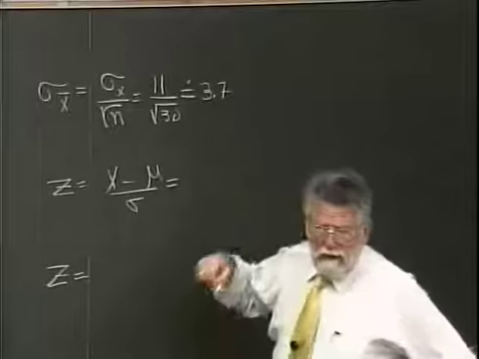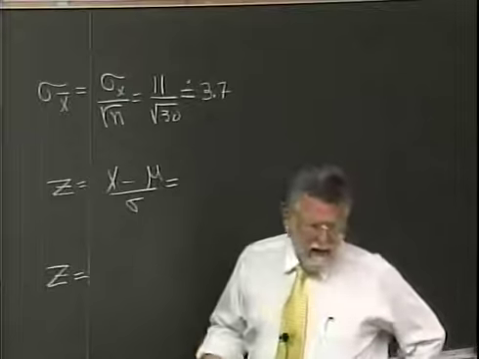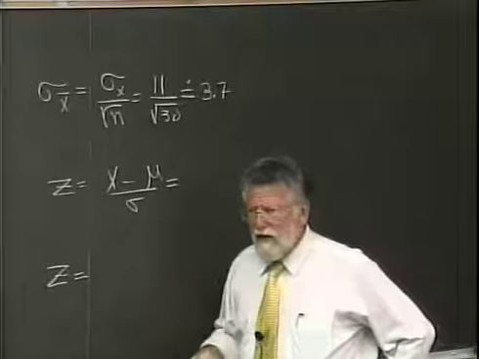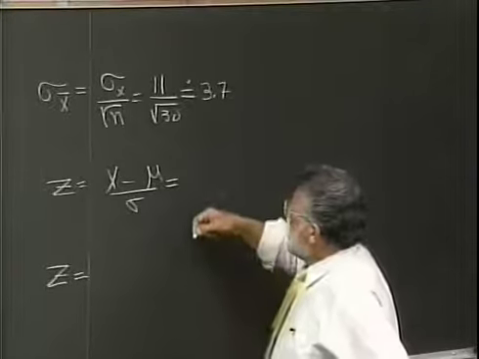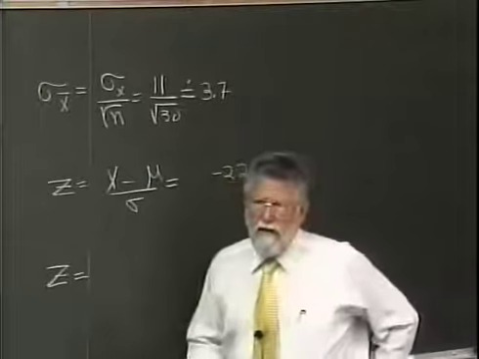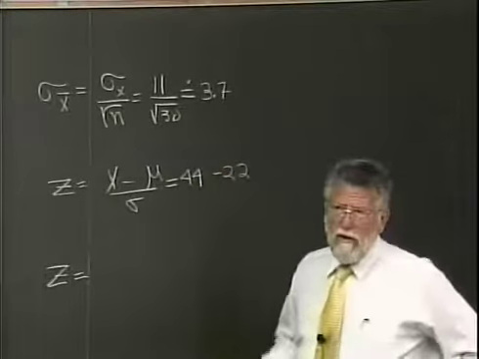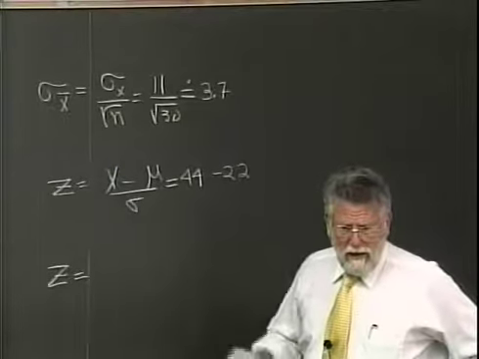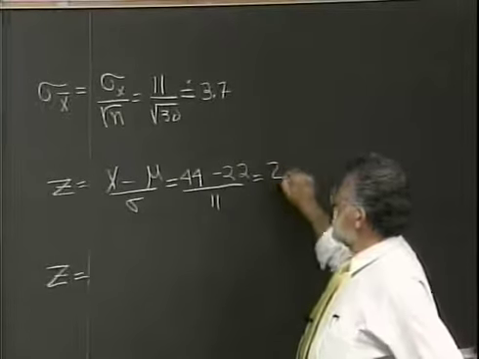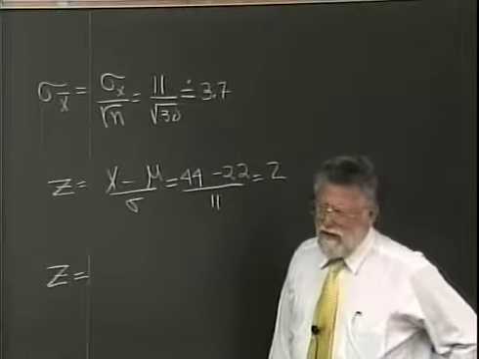If we had a normal distribution, and by the way, this is very flawed because you learned from Lab 3 that we don't have a normal distribution of birth rates. So this calculation is not going to be as accurate as I'd like. But if they're centered at 22, and I were to take something at about 44, which is getting up near Niger's rate, correct? We're getting up into that very high region. And I divide by 11, this is going to give me about 2. And the area to the right of 2 is roughly 2%.